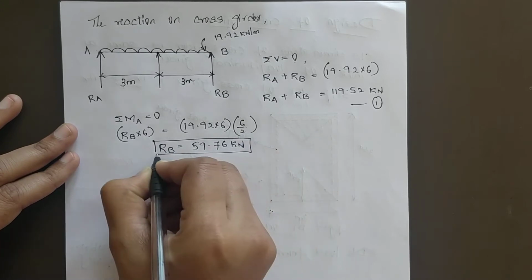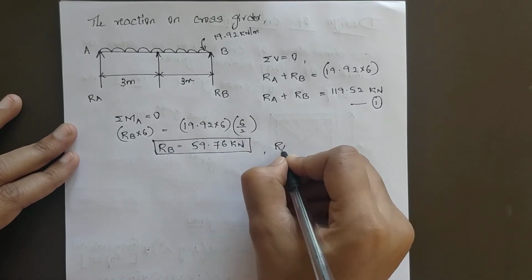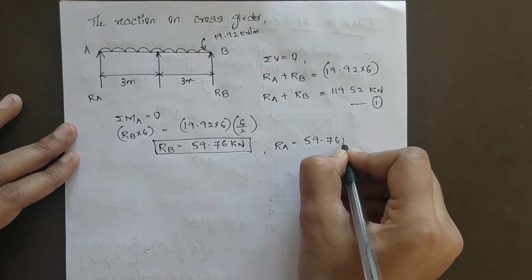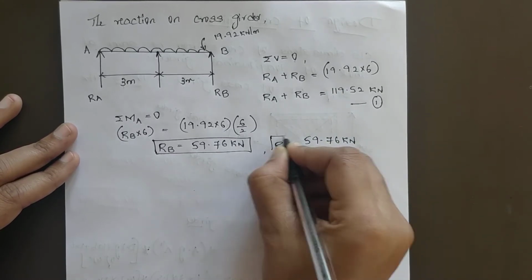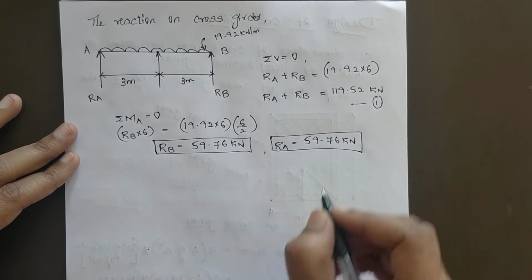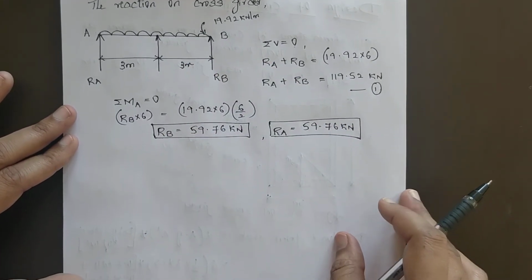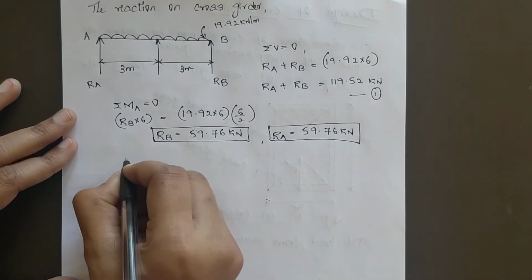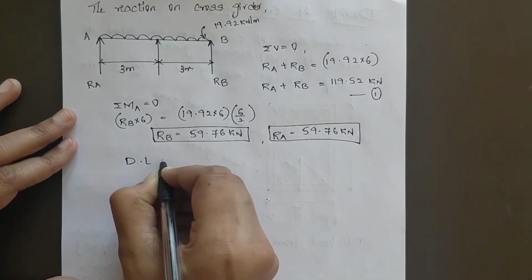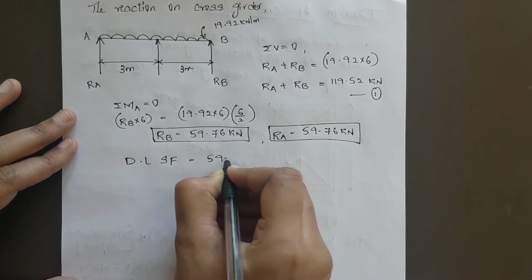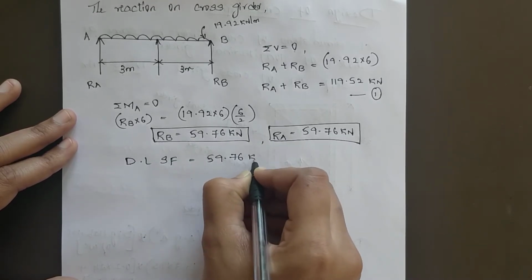Similarly, calculate the reaction RA value. You will get RA as 59.76 kilonewton. This is your RA and RB value. Now the reaction on the cross girder is the dead load shear force value on the cross girder. So the dead load shear force value will be equal to 59.76 kilonewton.